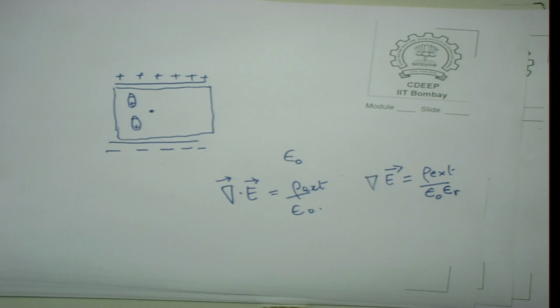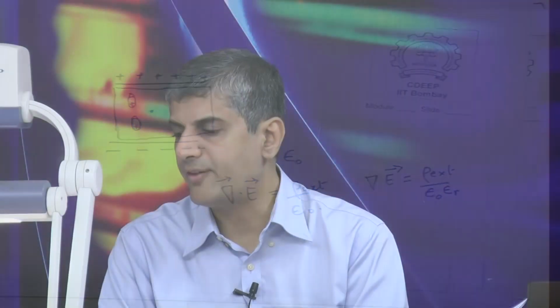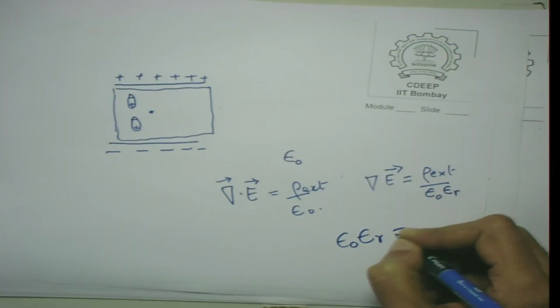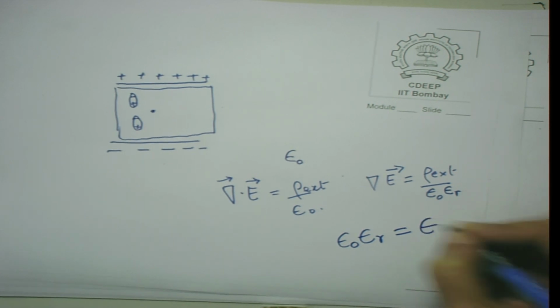It is a kind of factor which accounts for the fact that now the electrical field is slightly lesser in the material because of the polarized charges within the material. So, this is epsilon naught epsilon r is equal to epsilon.